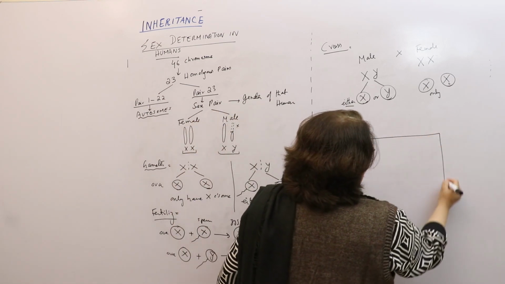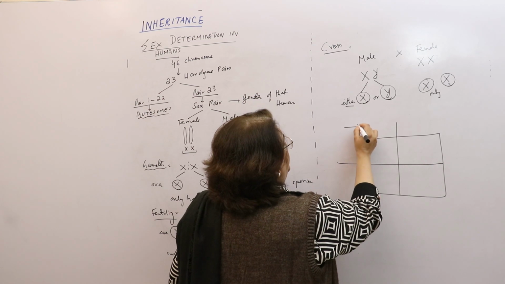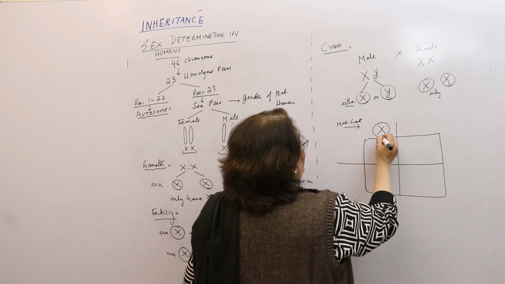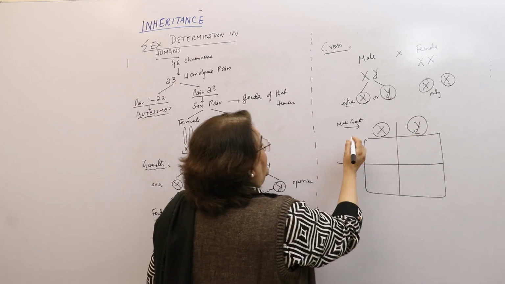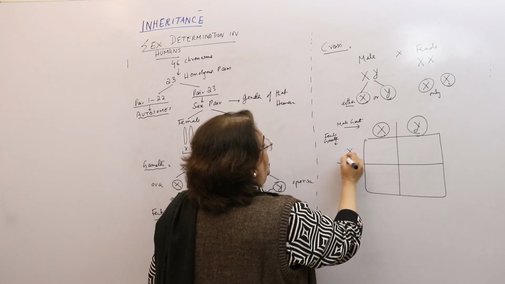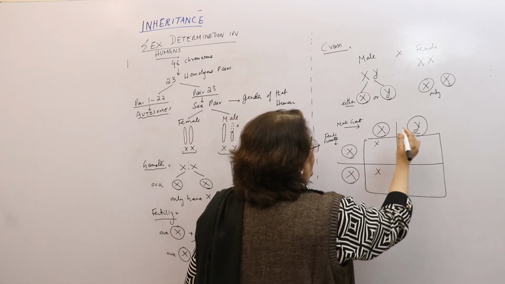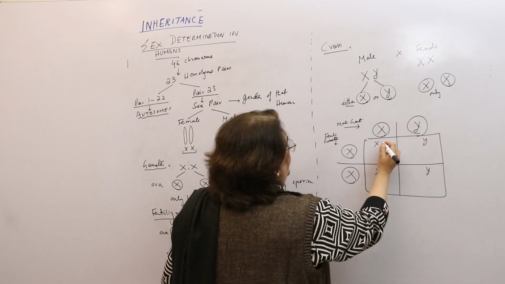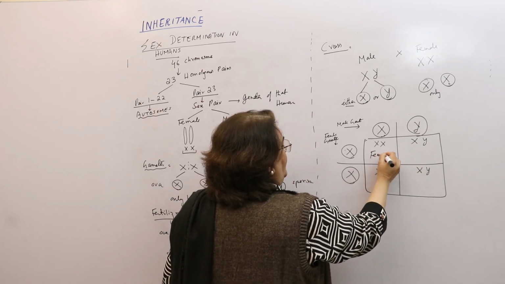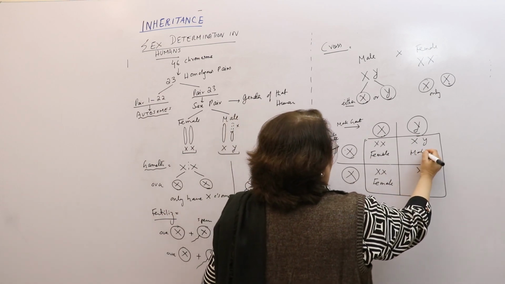The male gametes are X and Y, and the female gametes, the ova, have only one option, X. When we put them together and fill up the rows, having X and X will be a female child or female zygote, and X and Y would be a male.